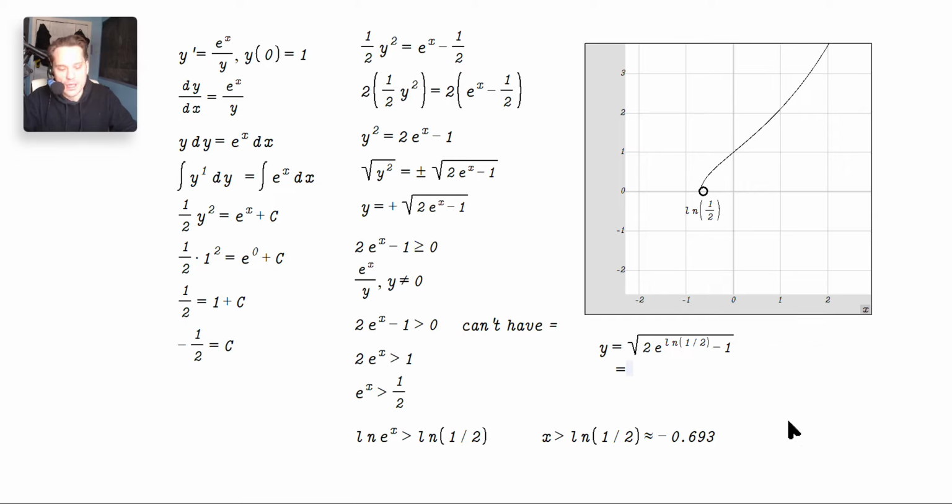Then e and ln are inverses, so you would have 2 times 1/2 minus 1, but 2 times 1/2 is 1, minus 1, which is then the square root of 0, which is 0. But we can't have that because e to the x over 0 would not be defined in the differential equation, you see? So that's why, let me stress, you need just the greater than part. That's enough.